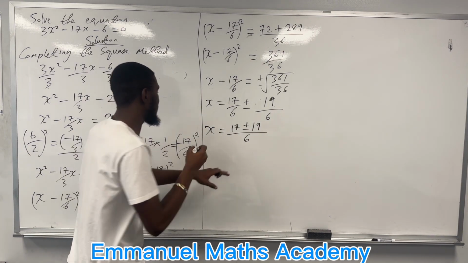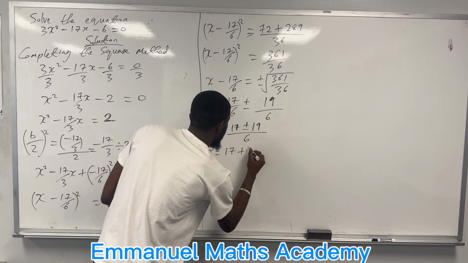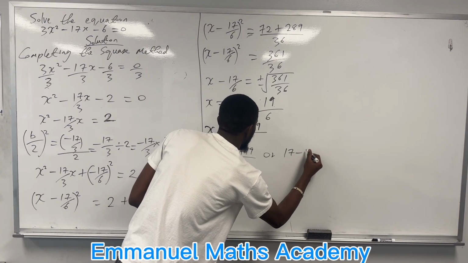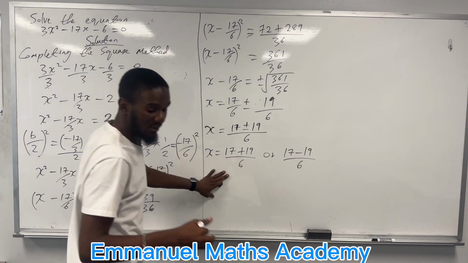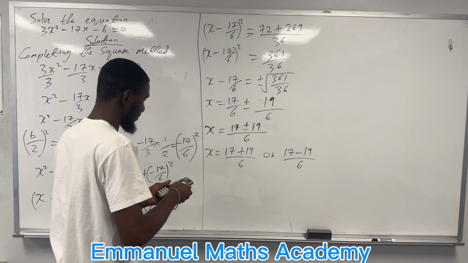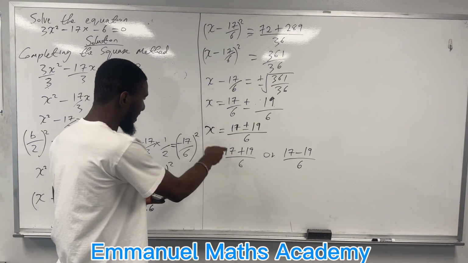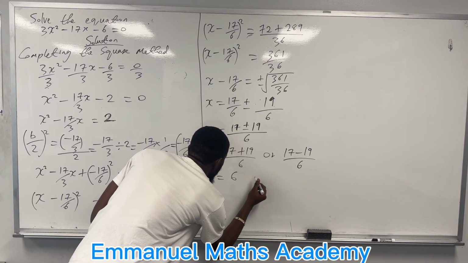From this point, it's either x is equal to 17 plus 19 over 6, or 17 minus 19 over 6. If you solve this further, 17 plus 19 is 36, divided by 6 to give you 6. So x is equal to 6.